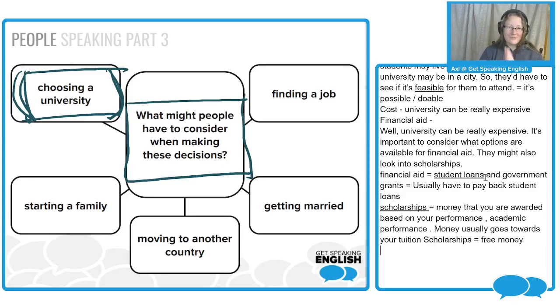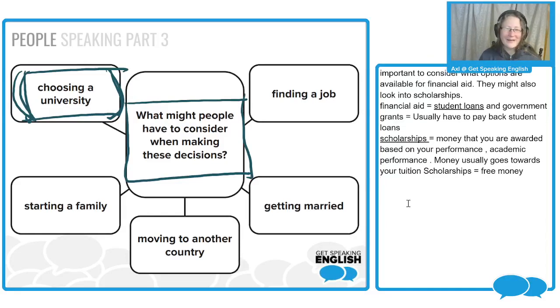So yeah, that might be something that people would have to take into consideration, right? Because university can be expensive, or maybe you live in a place where university is a public university, so you don't actually have to pay. Maybe it's paid by the government, right? Which is really fantastic.